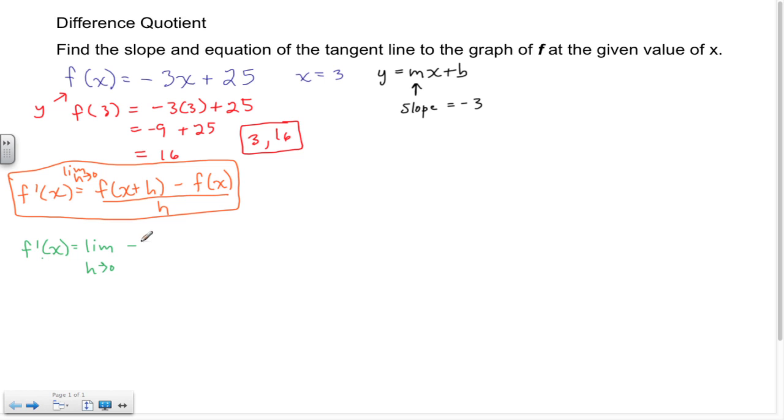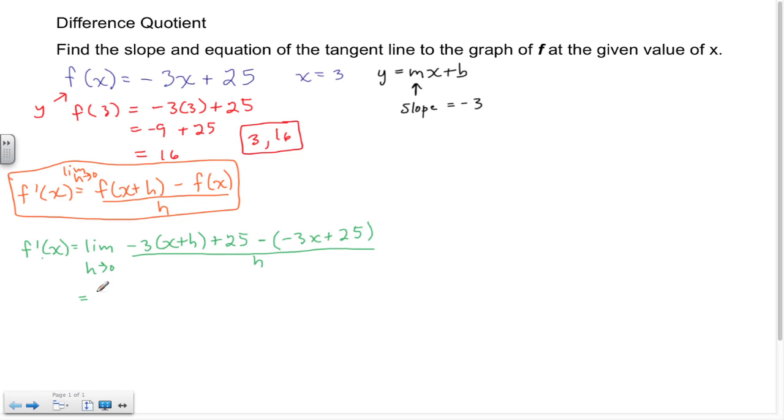So here I have negative 3 times the quantity x plus h, plus 25. That's the first portion of the difference quotient, minus, so I put the minus here. I have two terms in my original equation, so I'm going to need parentheses: negative 3x plus 25. Again, the parentheses ensure that both of these signs will be changed when I distribute that negative. And here everything is divided by h.